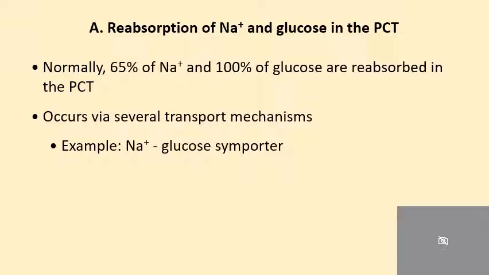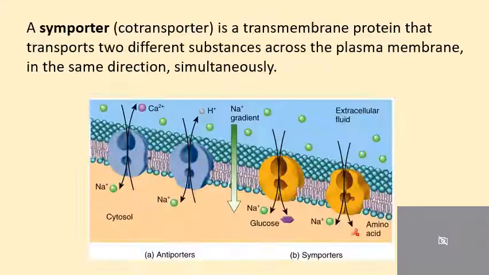In the proximal convoluted tubule, most of the sodium gets reabsorbed and all of the glucose gets reabsorbed. And sodium and glucose can be reabsorbed by different proteins. We're going to cover one example, and it's called a sodium glucose symporter. We've talked about symporters before in the context of secondary active transport.